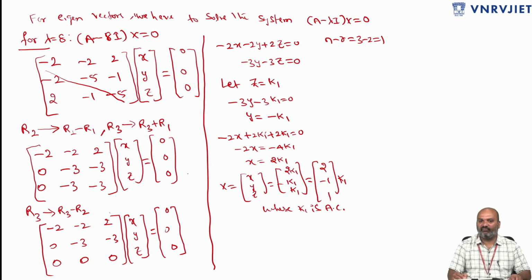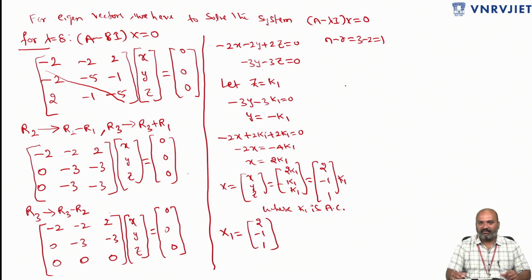For k1 equal to 1, you get one vector, for 2 another vector, for 3 another vector, and so on. So you can have an infinite number of solutions, but all are dependent, and we need only independent solutions. So we take k1 equals 1 by default, and you get the first eigenvector, 2, minus 1, 1. This is the eigenvector corresponding to lambda equals 8.